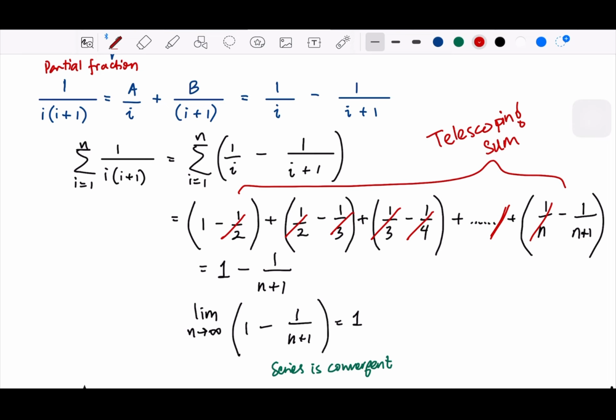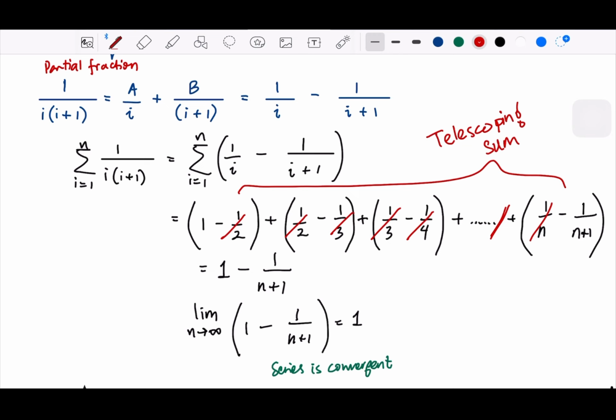The idea, what a telescope does, is you zoom in on something, right? You are zooming in to some numbers. So the idea is you are going to sandwich all the numbers, and all the numbers in between will cancel.